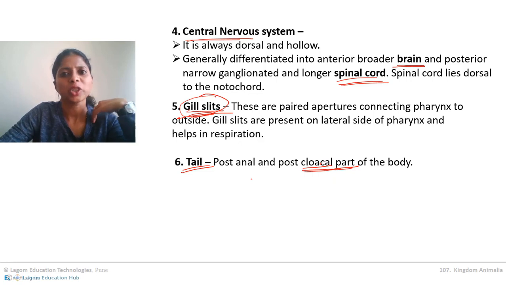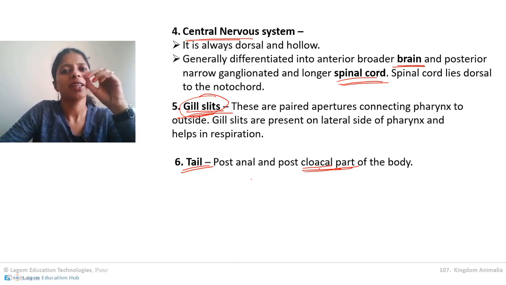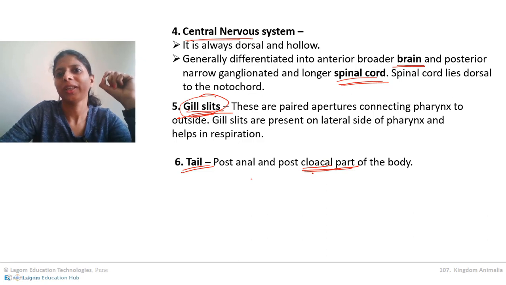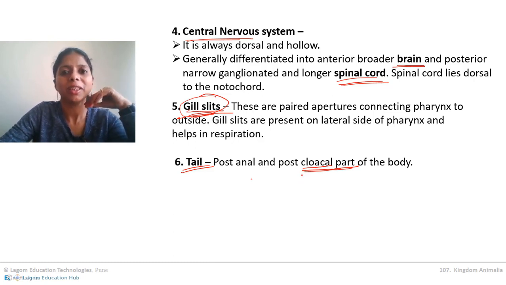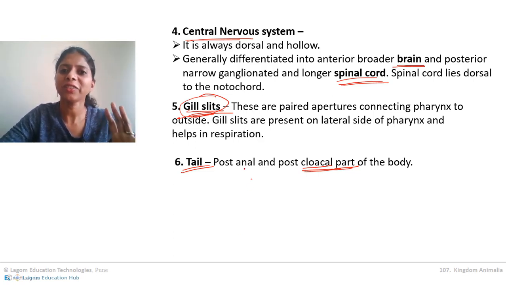Vestigial means we don't use it, but in evolution it was trying to vanish, trying to go away, but still we have some remnants of it. We call it the coccyx. So we have coccyx vertebrae which are an indication of a tail. So almost many vertebrates have this tail region. So these four are the distinguishing or diagnostic characteristics each chordate has.